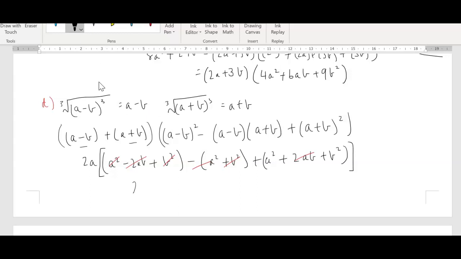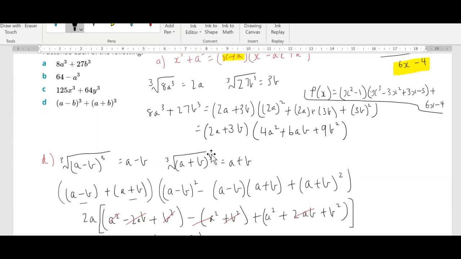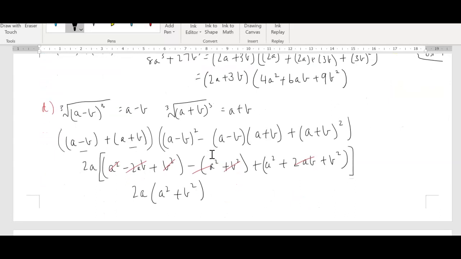So now I'm left with 2a times a squared plus b squared. Oh, what is the question asking? I don't necessarily factorize it. I could do 2a cubed. Hold on, I might just see what the textbook wants.